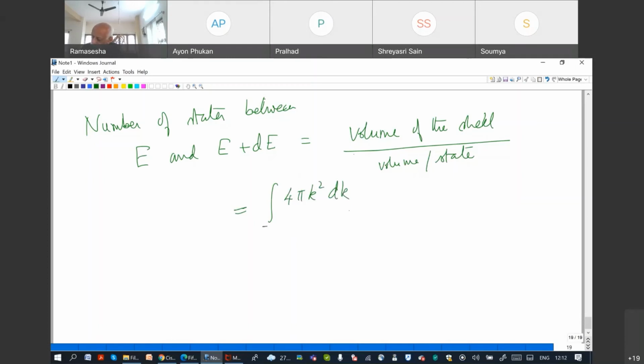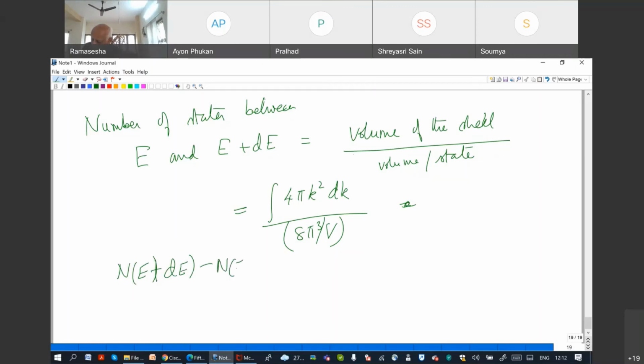So the number of states is V by 8 pi cubed integral 4 pi k squared dk for a free electron.